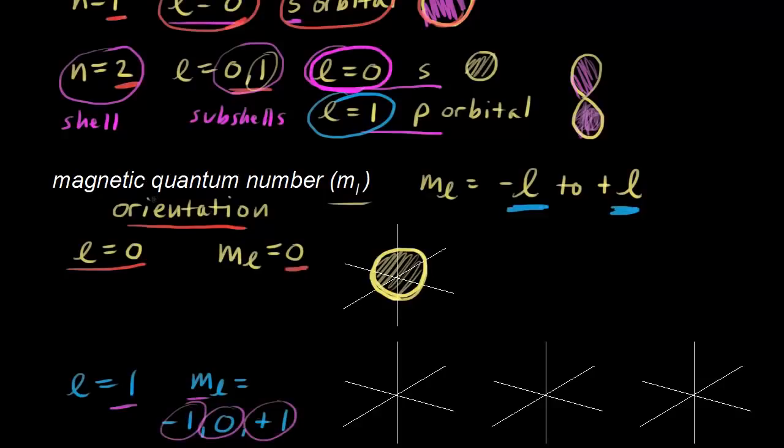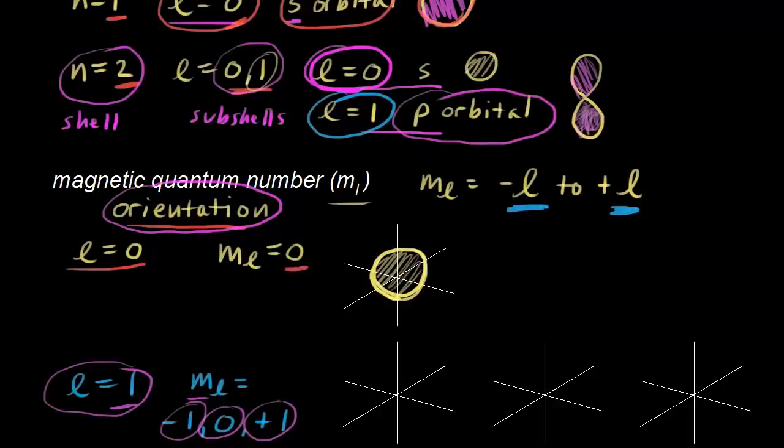The magnetic quantum number tells us the possible orientations of the orbital or orbitals around the nucleus. So we have three values for the magnetic quantum number. That means we get three different orientations. And we already said that when L is equal to 1, we're talking about a p orbital, and a p orbital is shaped like a dumbbell. So we have three possible orientations for a dumbbell shape.